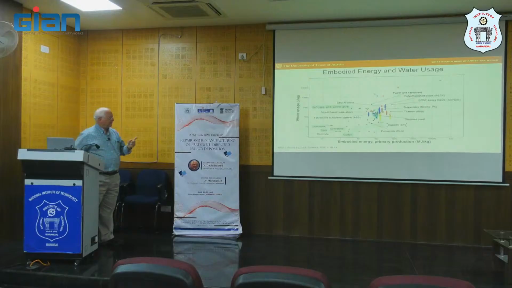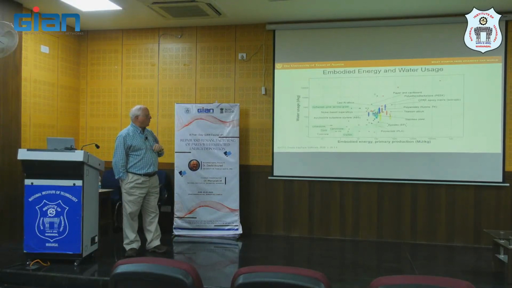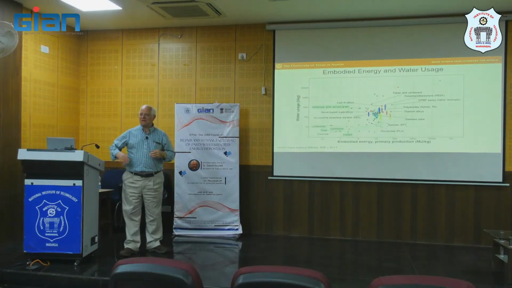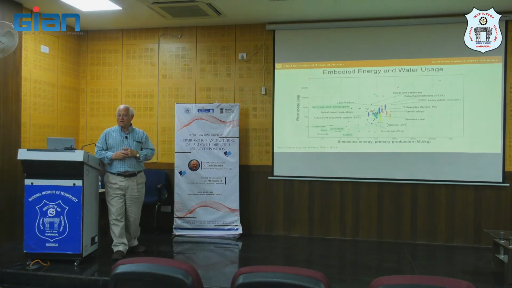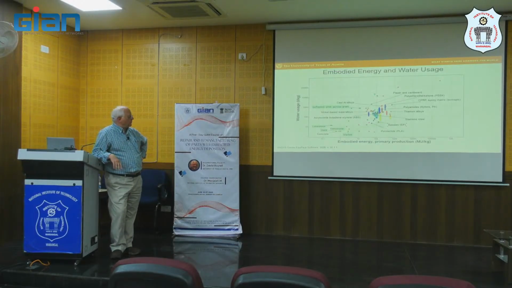This is the one that separates wood from stone, and that's the amount of water usage. So it's how many liters of water do I need to create 1 kilogram of feedstock? And obviously, trees require water, and so if you look in the middle of the plot there, on the left, you see some of the woods.